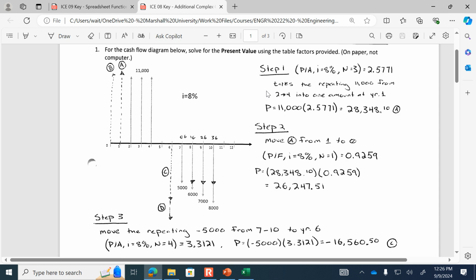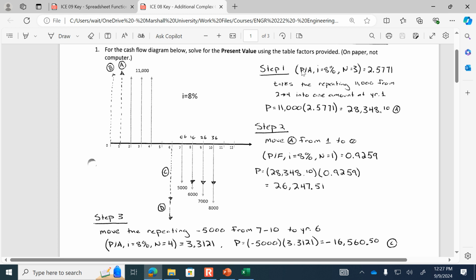So you can see I've kind of sketched out and labeled these arrows. And I'm calling, for example, this lump sum at year 1, I'm calling that A, just to make it clear that this 28,348 is some amount that's corresponding to arrow A on the diagram.